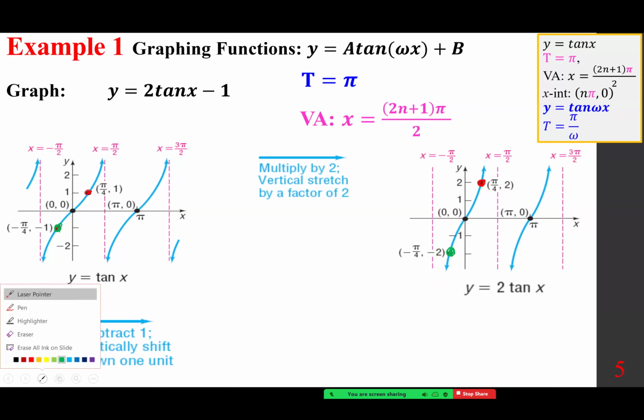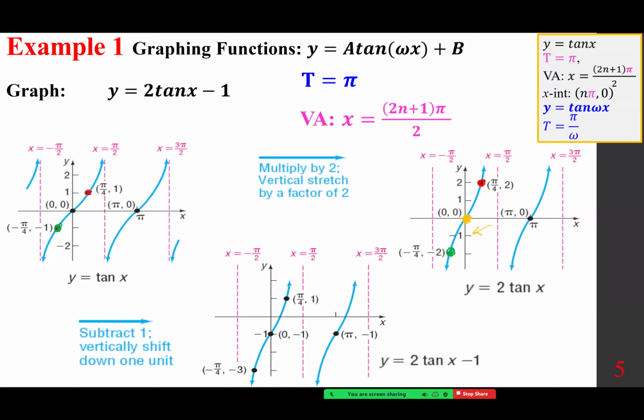So that one, let me also use a different color on that. So this point moves to this point. So this is the final graph, y equals 2 tan x minus 1.